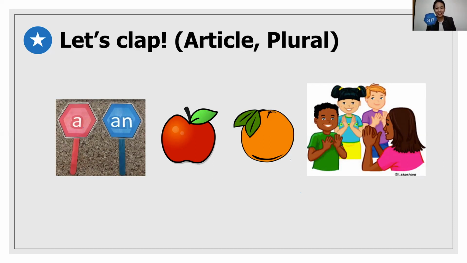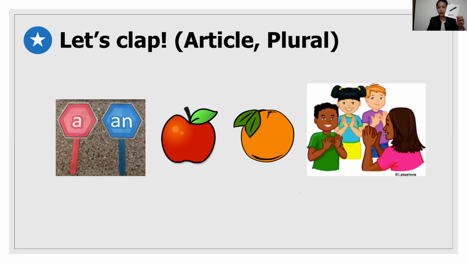Yes, A, E, I, O, U, the vowels need "an", right? So like a ball, but an orange, like this, right? So you can use any kinds of word cards if you have, like a pen.